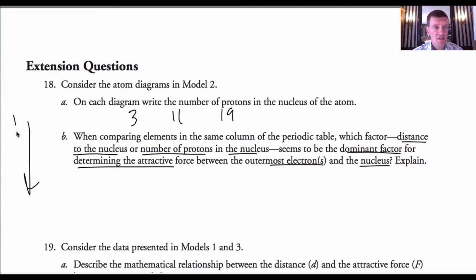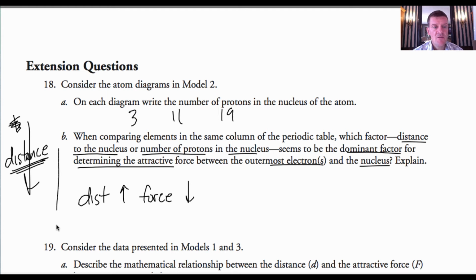In the same column, it is going to be distance that is going to be the main contributing factor for determining which atom has a stronger Coulombic attraction, stronger force.